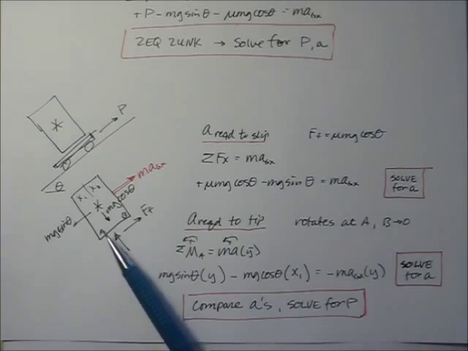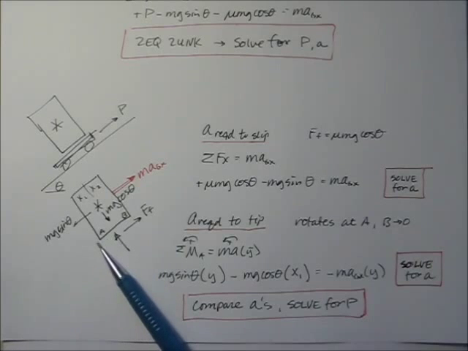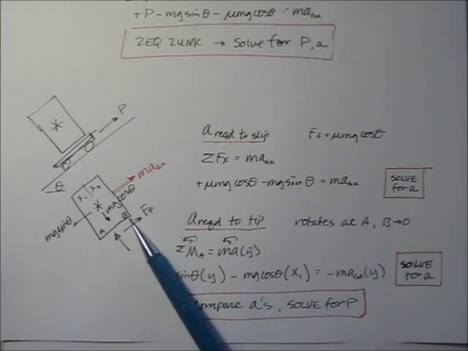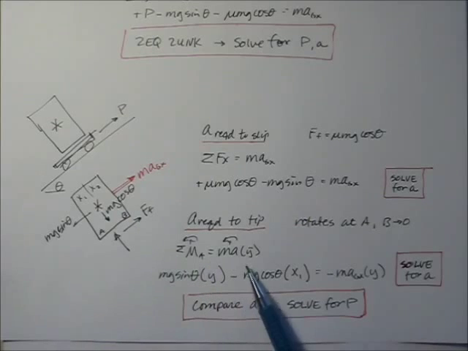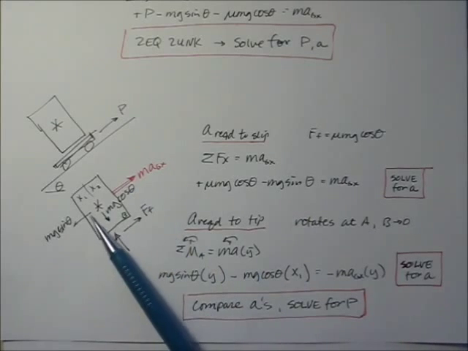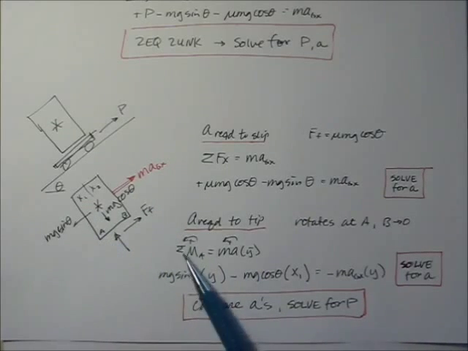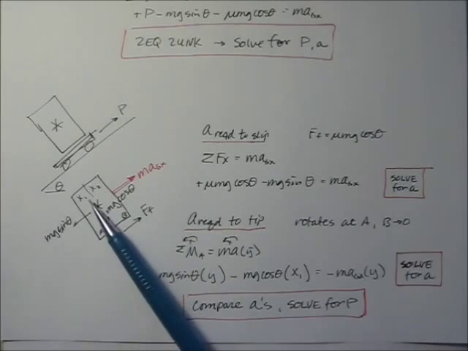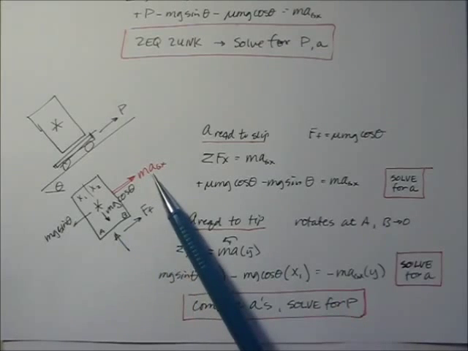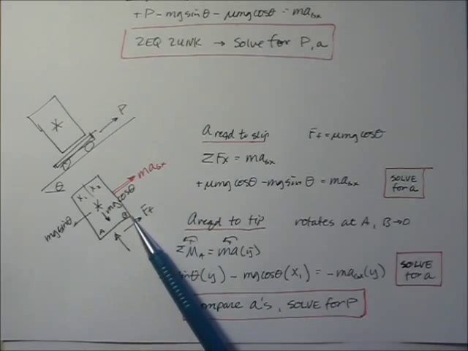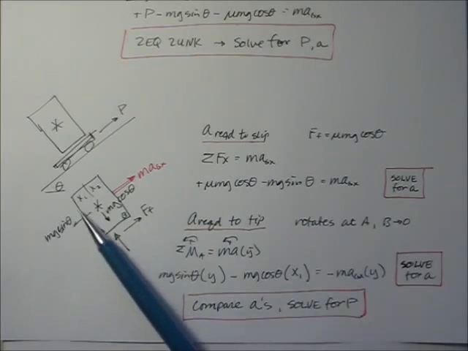And then the tipping condition, if it tips over backwards, it would rotate about point A, so that means the normal force moves to here, force of friction goes through there, B goes to 0, so I would have my sum of the moments about A is equal to my mass times acceleration times y bar vector, and I got mg sine theta times my y going in that direction, which would be positive, mg cosine theta times x1, which would be going in the negative direction, and that would be equal to my mass times acceleration vector times y going in the clockwise or negative direction.